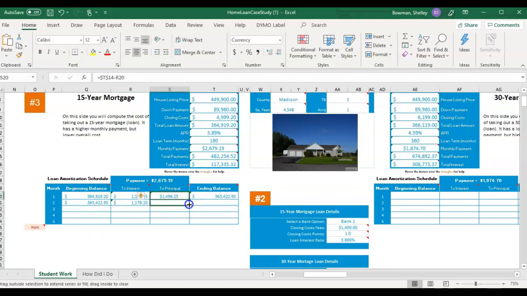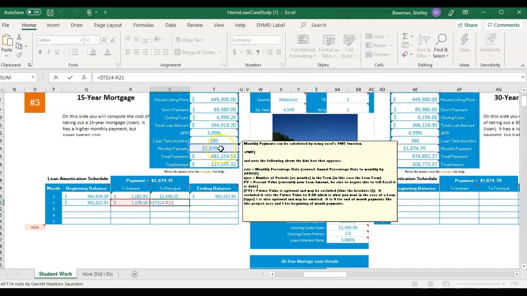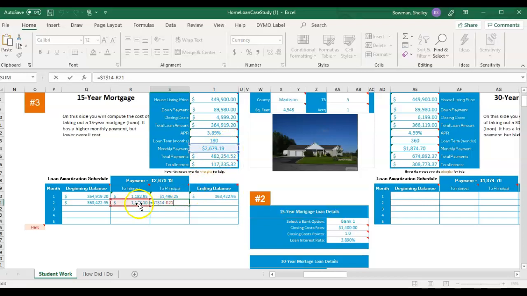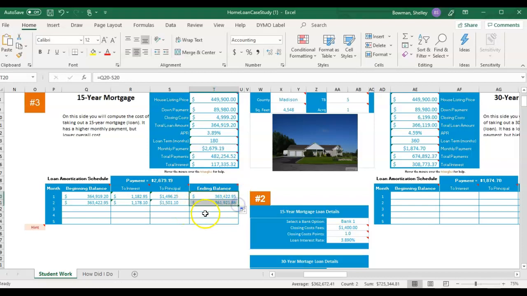Again, I'm going to click this one and drag down and make sure that this was correct. Good, it continued to reference my monthly payment, and it went down to subtract a little less in interest this month so that a little more went to principal. And this one as well, going to click and drag and double check here, which is good. I needed to subtract everything in month 2.